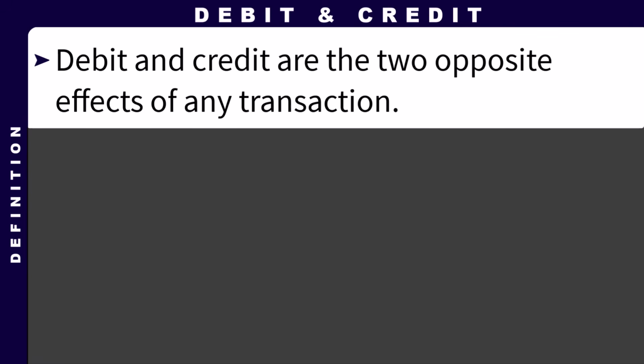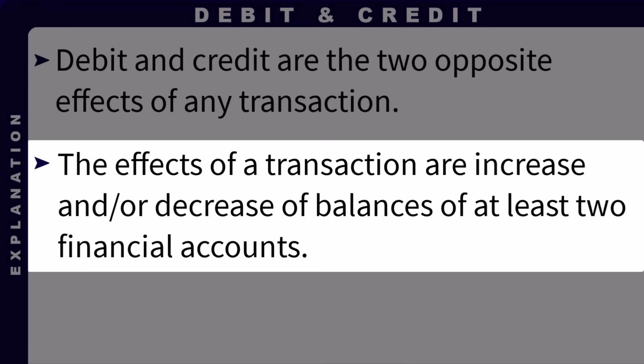Whether the transactions are conducted with an external party, as when buying or selling goods or services, or internal, like adjusting entries or depreciating assets, each transaction has two opposite effects: debit and credit. Well, then, what are these opposite effects? These effects of any transaction are increase and or decrease in the balances of financial accounts.